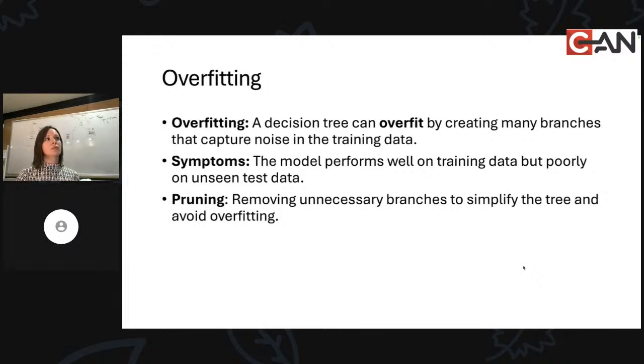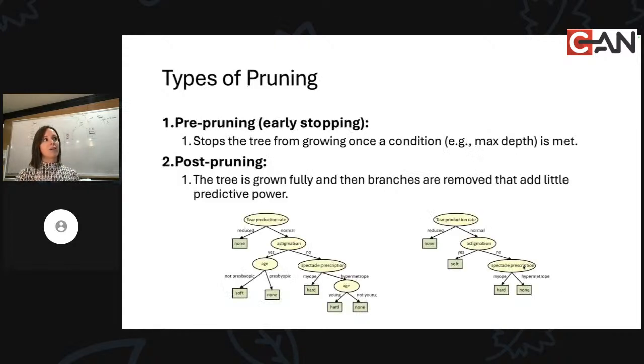One thing you can do to decision trees, though I would actually just recommend you use a random forest, but we're going to get there, if you want to try to improve this algorithm is pruning. I want to talk about pruning because it's an important thing to understand, and you can of course prune trees that are in a random forest as well. Pruning just means you take away some of those nodes.